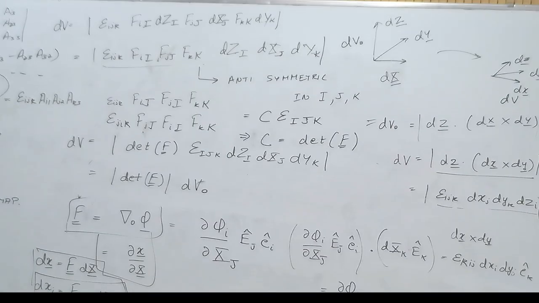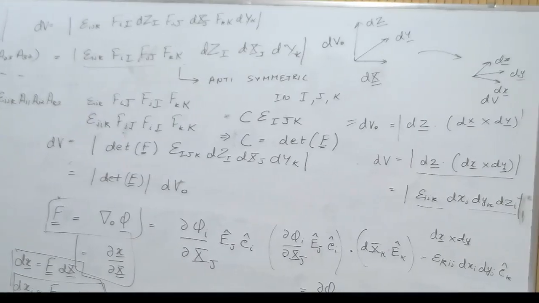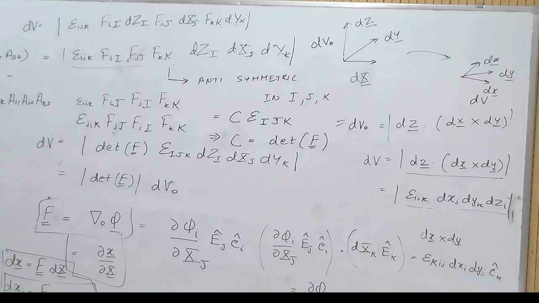So what this tells you is that the determinant of this deformation matrix gives you the information about how the volume changes when you go from the reference configuration to a deformed configuration.